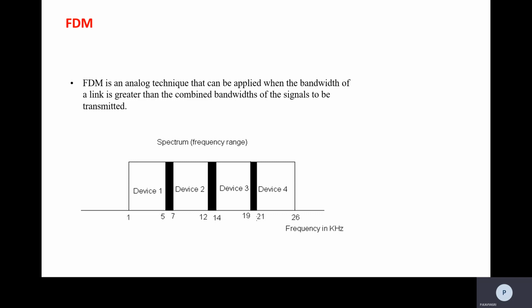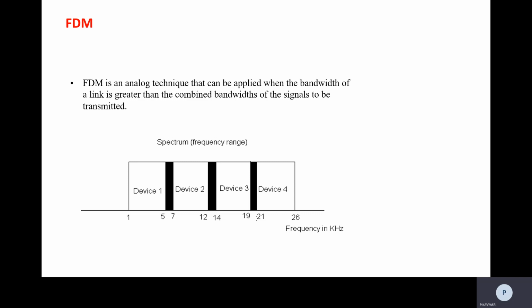From 7 kilohertz to 12 kilohertz, that frequency is given to device 2. From 14 kilohertz to 19 kilohertz is given to device 3. And from 21 kilohertz to 26 kilohertz, that frequency is given to device 4. So different frequency slots can be given to different devices, but the time should be the same.